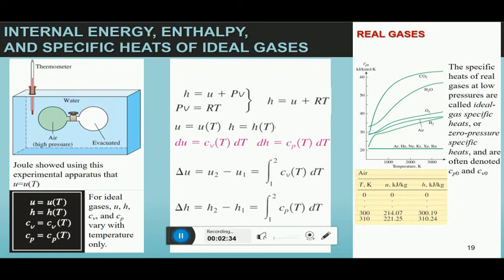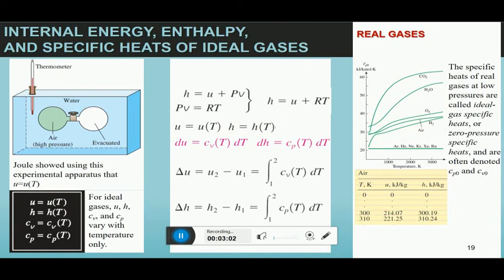Since we know that PV equals RT is true for an ideal gas and that the definition of enthalpy is equal to internal energy plus PV, we can show that H is equal to U plus RT. Now again, R is a constant and T is temperature, and we established U is a function of temperature only.